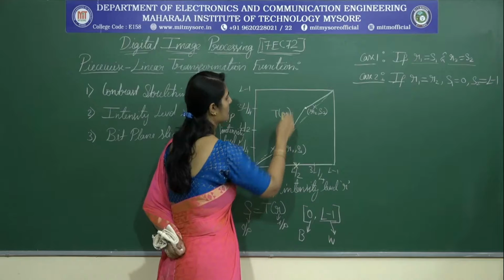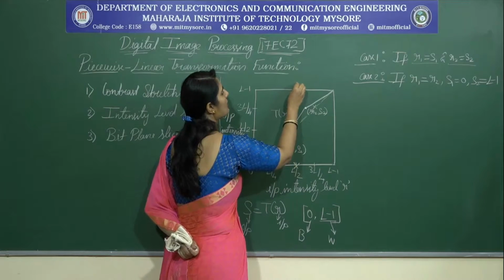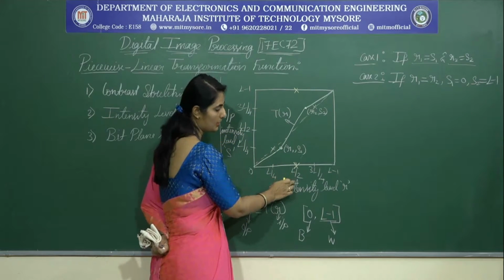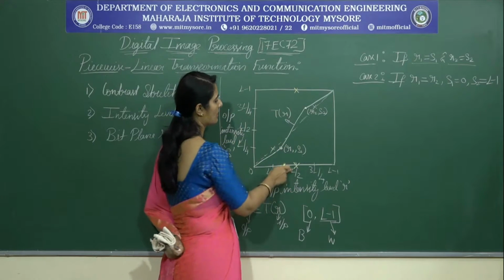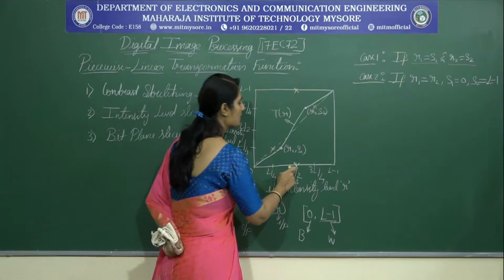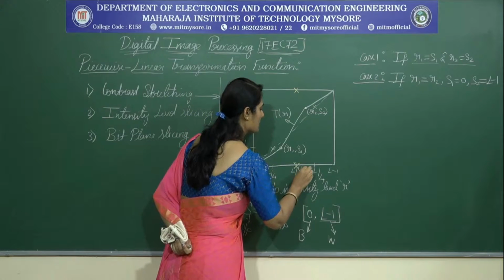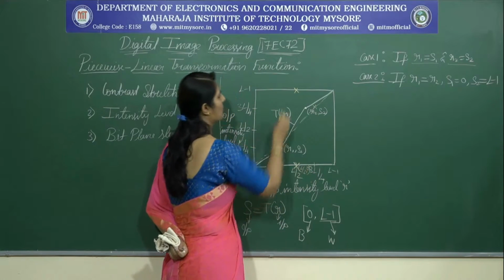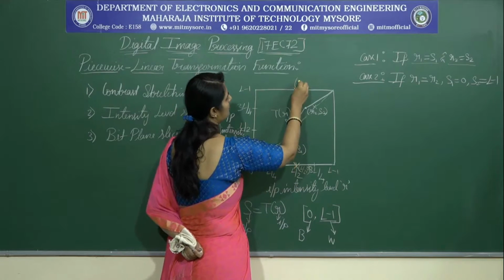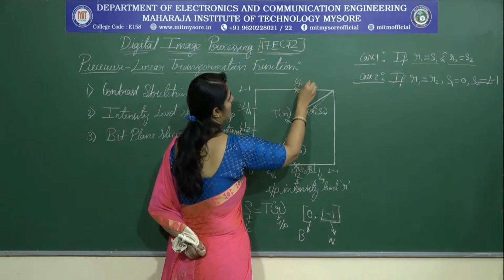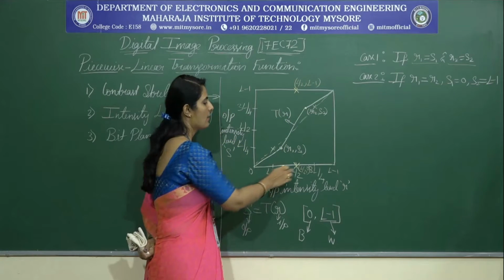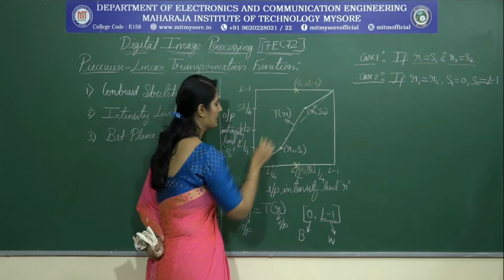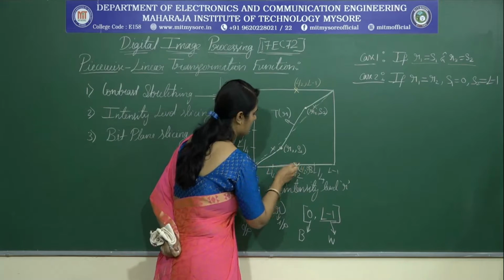Here r1 is L/2, r2 is also L/2, s1 is 0, and s2 is L-1. If I consider these coordinates (r1, s1) and (r2, s2) at these points, then the graph is like this.